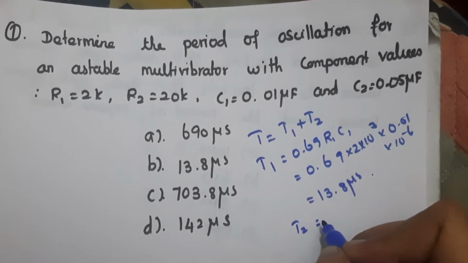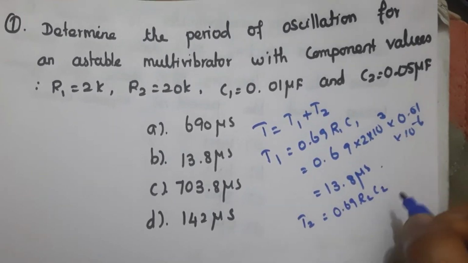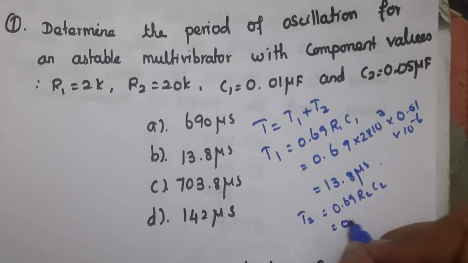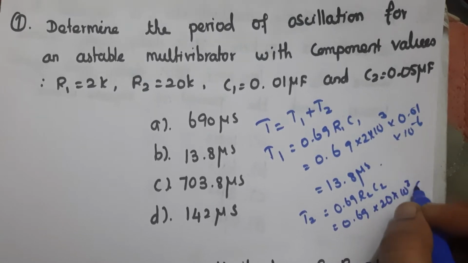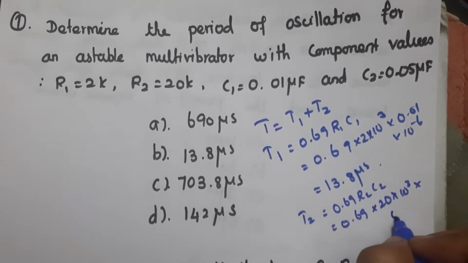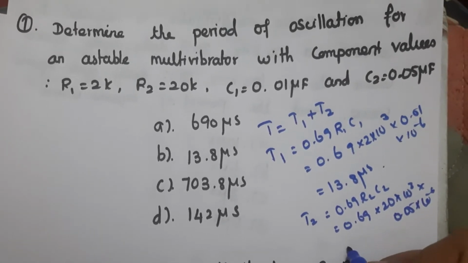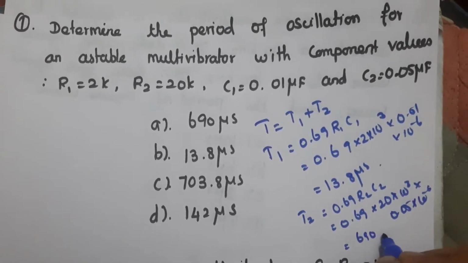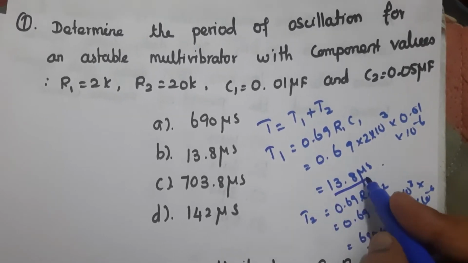Similarly, T2 is equal to 0.69 R2 C2, so the value is 0.69, R2 value is 20 into 10 to the power 3, into C2 value 0.05 microfarad. Solving this we will get 690 microsecond. So this is T2 and this is T1.